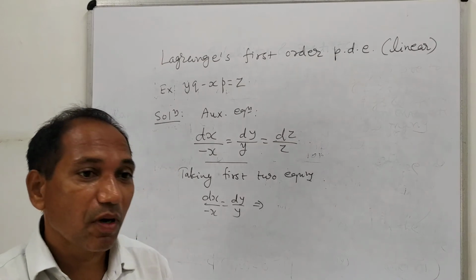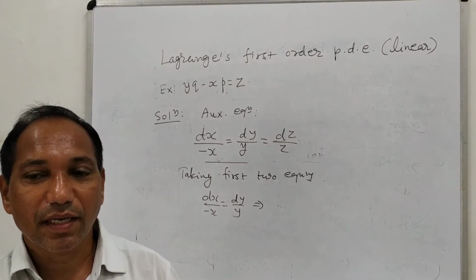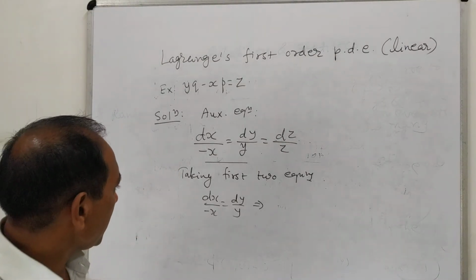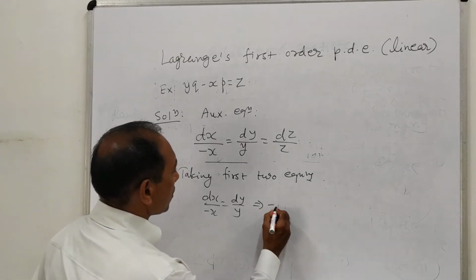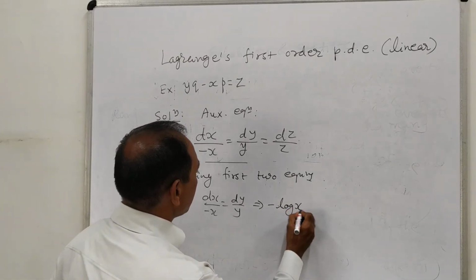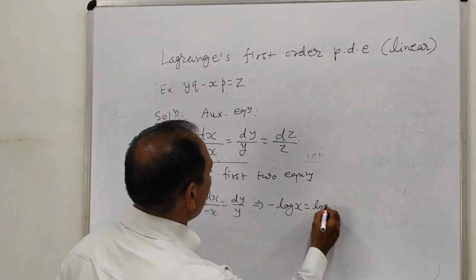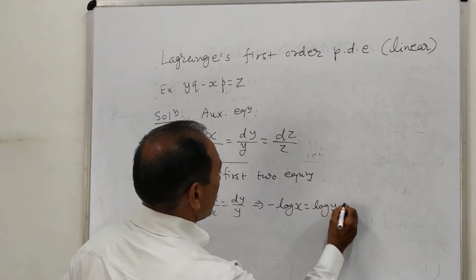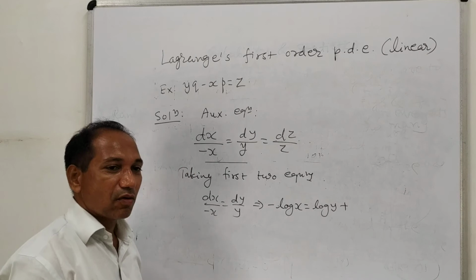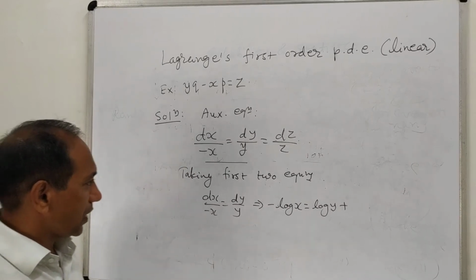The functional form should be in the way that we can integrate it easily. So here integration of dx upon minus x is log of x and it is log of y, and plus arbitrary constant. Normally we write down this as c1, c2, c3 like this.